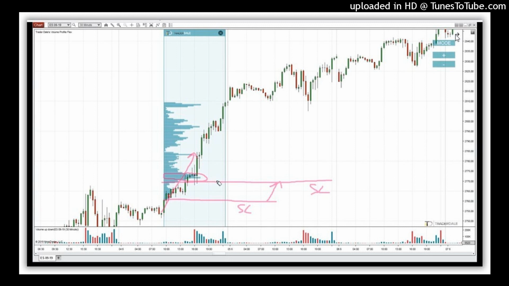So first, secure your position in here. Then the price moves higher, you secure your position below this volume cluster. So you move your stop loss in here. The price goes higher again, you place your stop loss below this volume cluster.